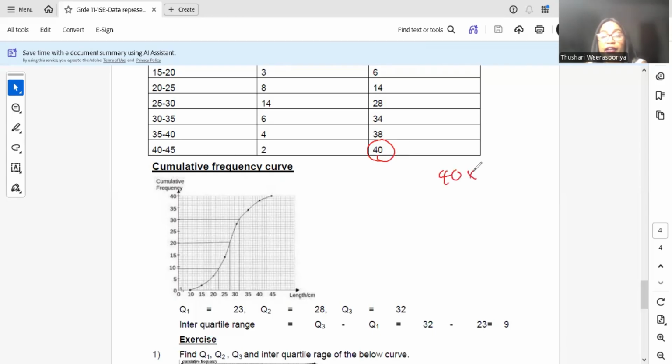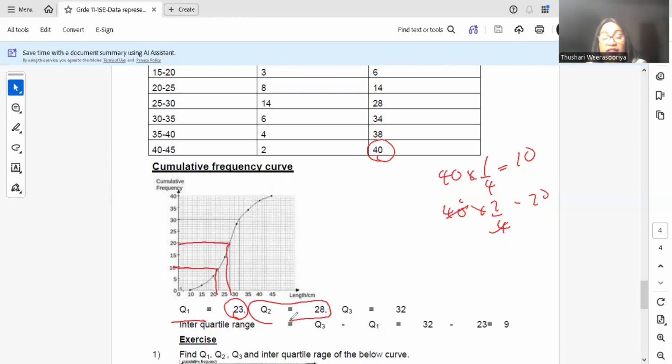You divide 40 into 4, multiply 1 over 4, there you get 10. The corresponding x value of 10 is 23. That is Q1. Then 40 into 2 over 4, that is 20. The corresponding value of 20, Q2, is 28.